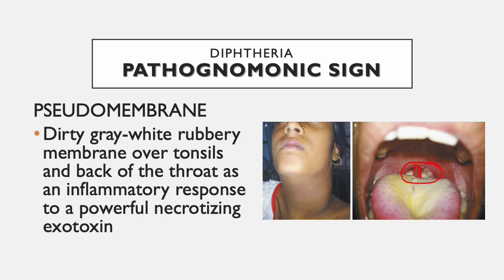But look at the side, there is a whitish part. So, that's the problem with diphtheria. Then, you can see the neck is quite big. Now, the problem here is that diphtheria actually releases a powerful necrotizing exotoxin.